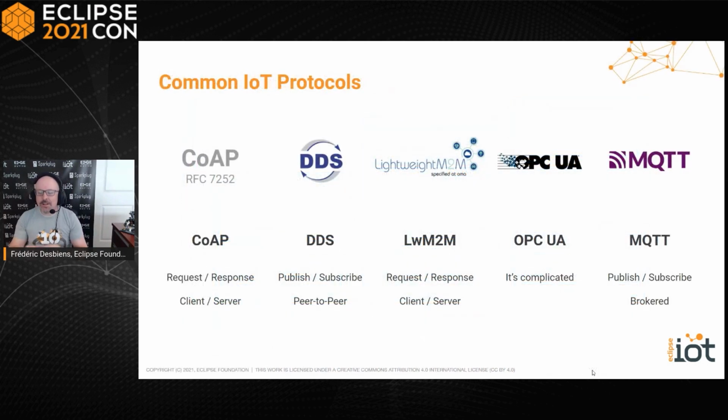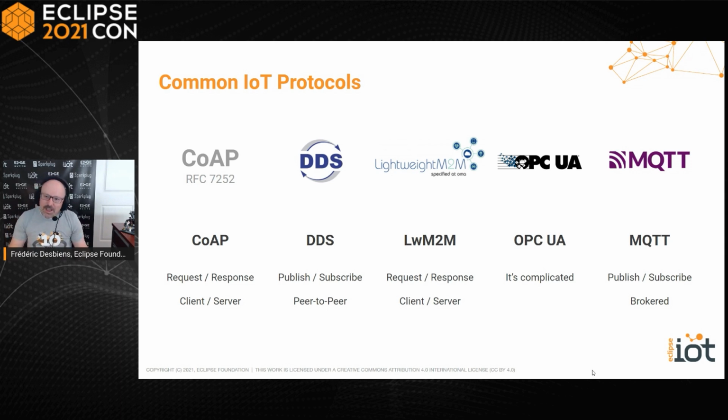Okay, so let's have a first look at the family of IoT protocols that we will cover in greater depth in this presentation. Each of them has a specific model, specific pros and cons and things like that. But at a very basic level, what you will realize is that those common IoT protocols are each things that live outside of the Eclipse Foundation. So in the case of CoAP, that's an RFC.